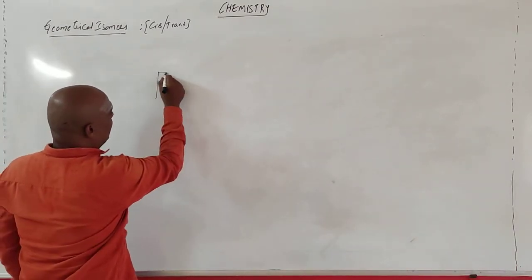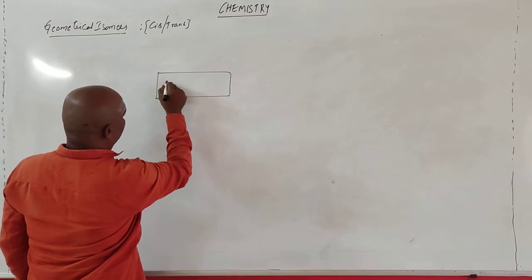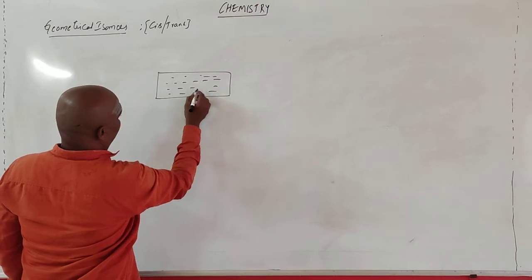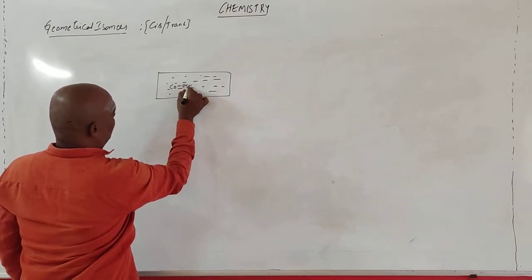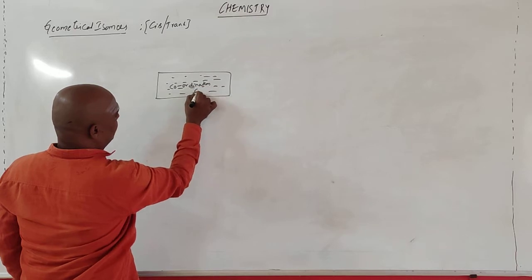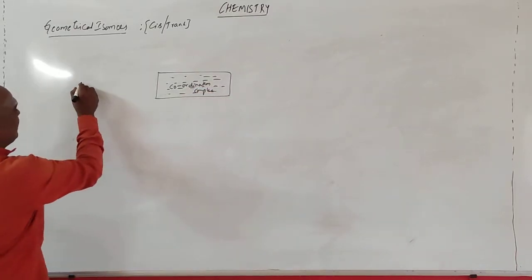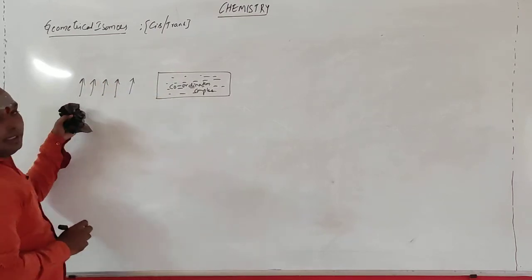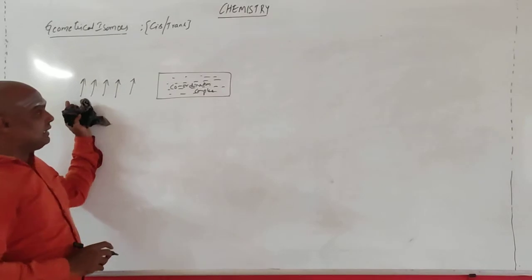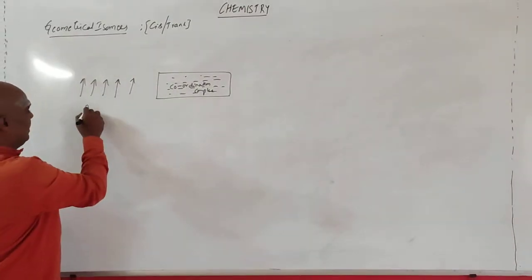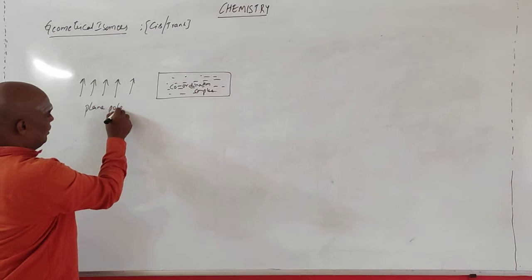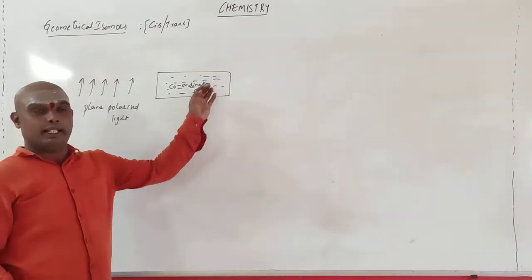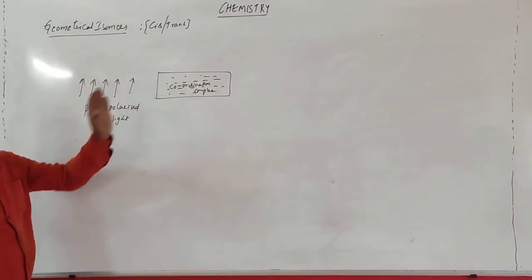Now, if you take something like plane polarized light, okay, I am writing this. Suppose you are taking an organic compound in a container or any coordination complex. You are taking a coordination complex, and you are passing plane polarized light through the coordination sphere.